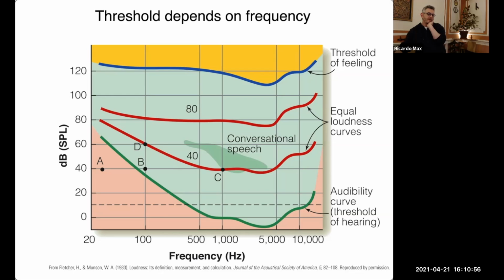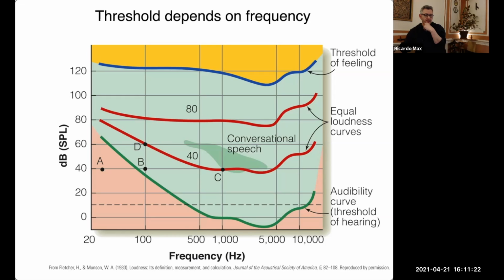So we said before that the minimum threshold upon which 0 decibels is calculated is 3,000 hertz. And for 4,000, which is around here, we have a lower threshold, more sensitivity.